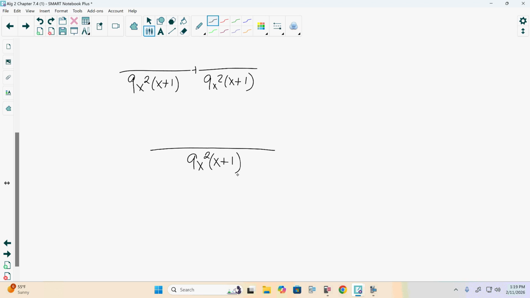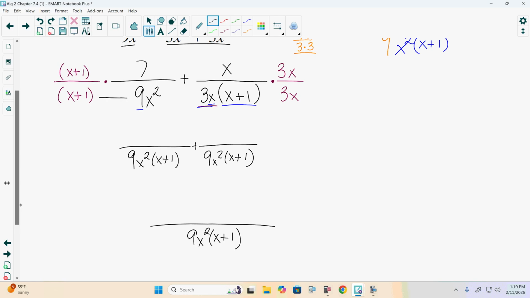We aren't having to combine like terms on the bottoms of the fractions. It just is this expression. So there's not a whole lot of reason for us to multiply 9x squared by x and 9x squared by 1, because if there's something in common, especially with, say, the 9x squared or the x plus 1, we'd have to factor it right back out.